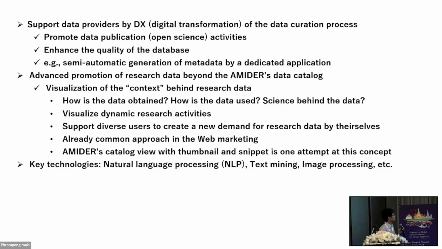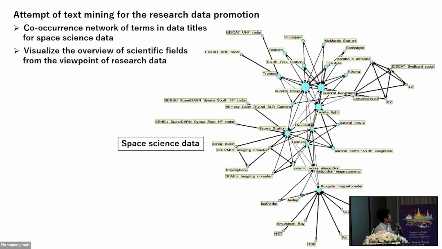Key technologies are natural language processing or text mining, and image processing. And this is one attempt at text mining for search and data promotion. This is a network generated from data titles inside Amida for space science data.